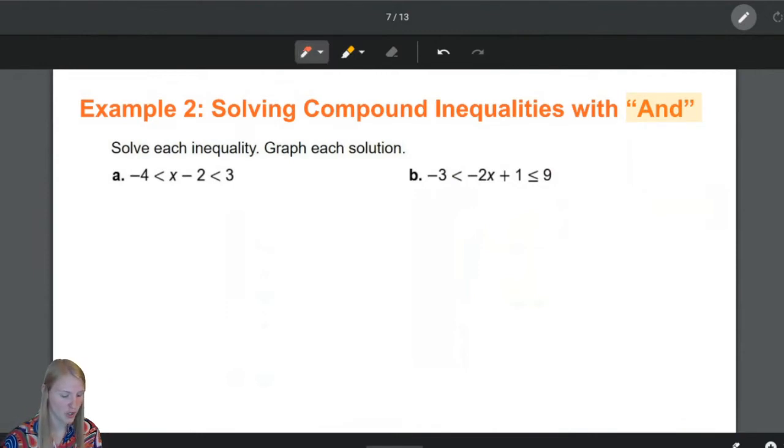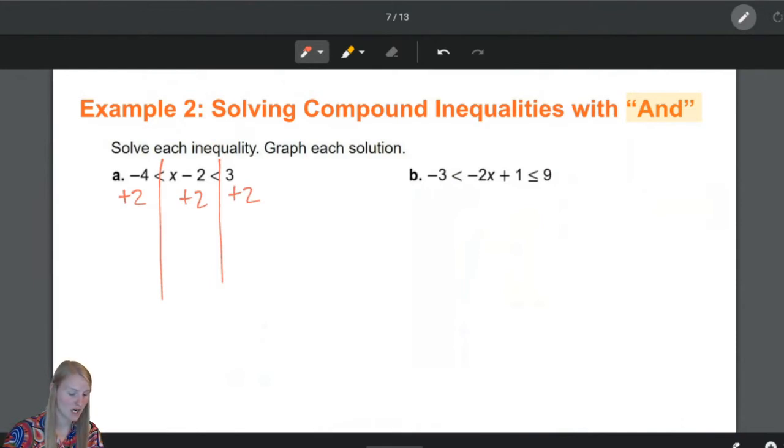So, you'll notice that now normally we just have something like this. And we can say, okay, here's one side. I'm going to add 2 to both sides. But now, we're going to do the same thing, but you have to add 2 to every piece of this. So when I add 2 here, I have to add 2 over here and add 2 over here.